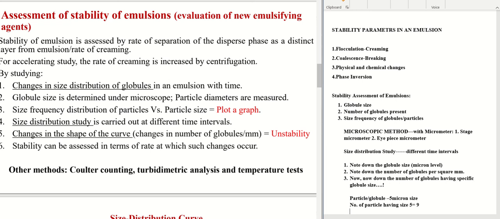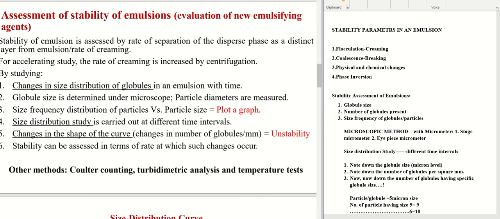So we need to do the same for particles having size 6 microns, say. If the number of particles having size 6 is 10, say. So likewise, we will have data on the number of particles sharing the same particle size or same globule size.